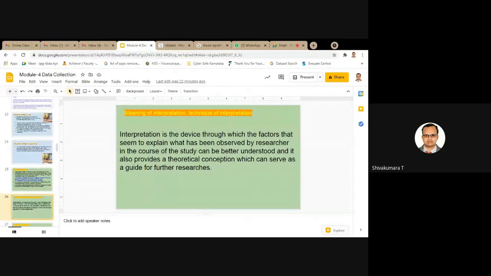The main purpose of interpretation is that the researcher needs to understand his problem of the research process very clearly, and not only his own understanding, he or she should make his or her research work understandable to the other readers.